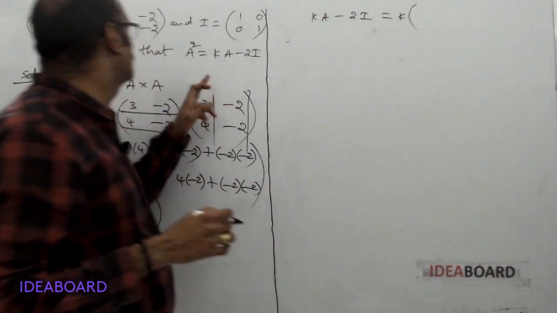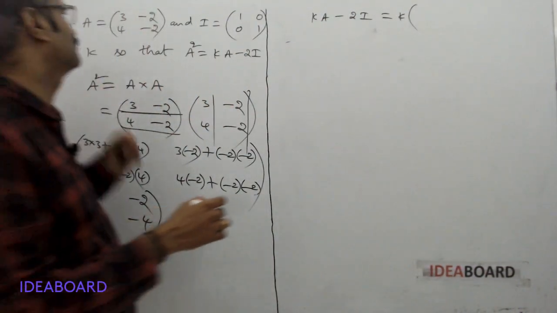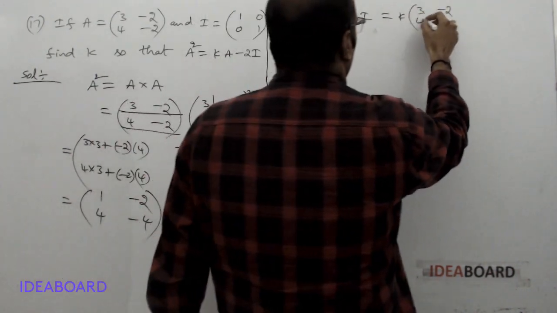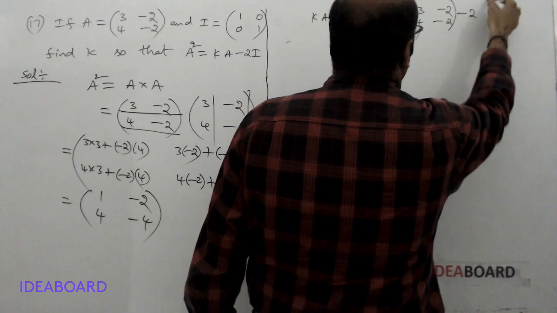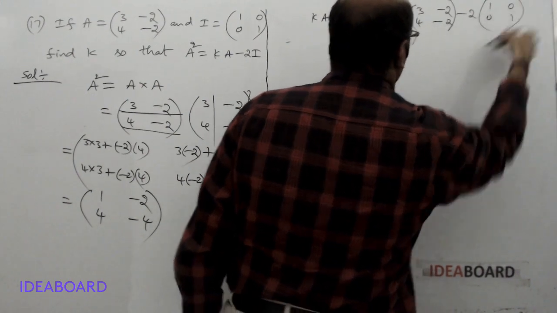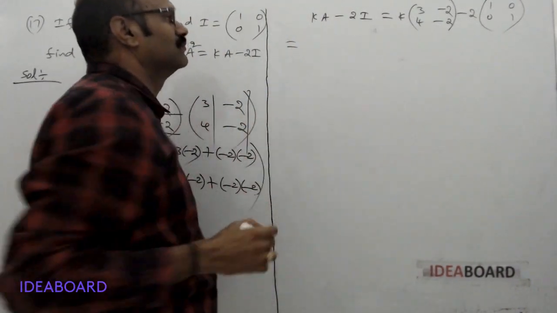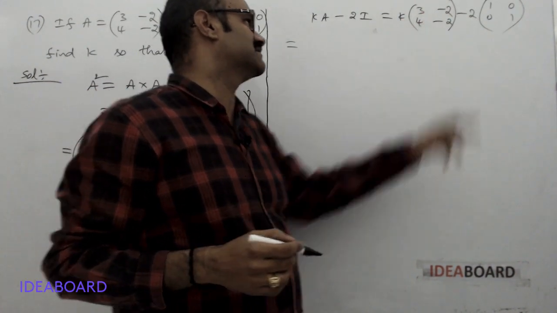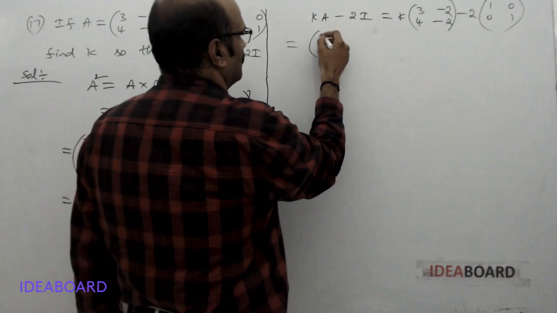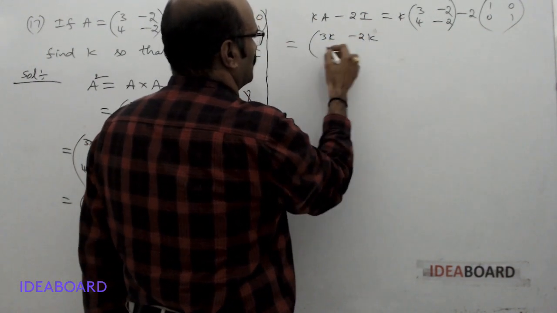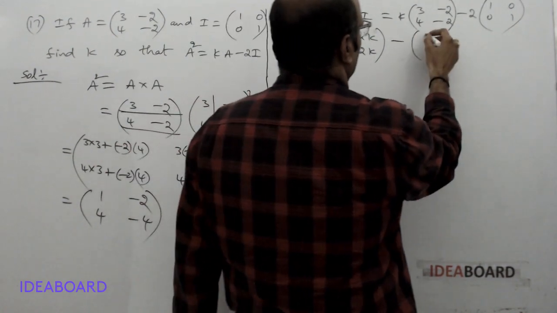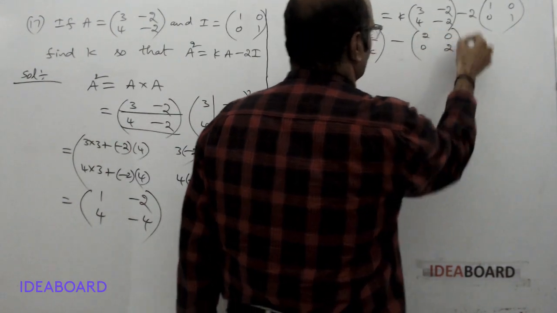K into the matrix A, equal to 3 minus 2, 4 minus 2, minus 2 into 1, 0, 0, 1. Multiply k with all the elements of this matrix: 3k, minus 2k, 4k, minus 2k, minus 2, 0, 0, 2.